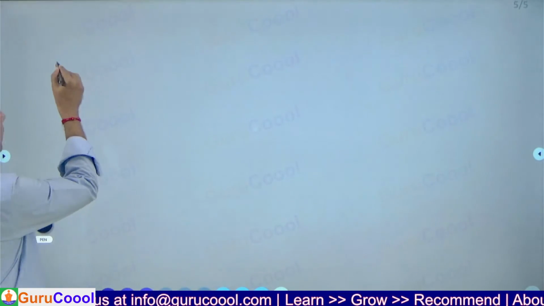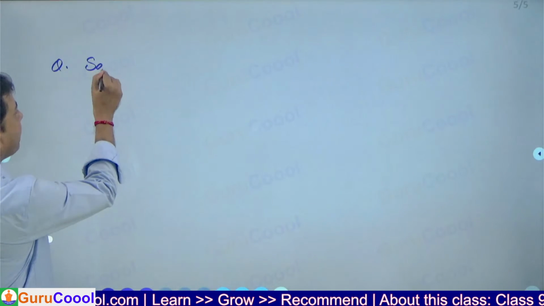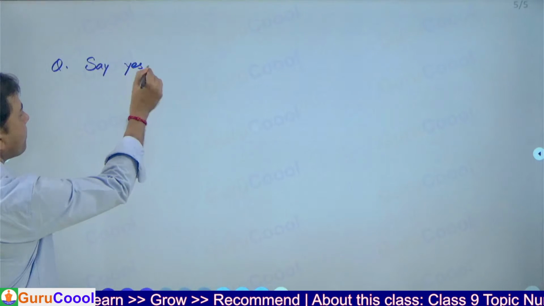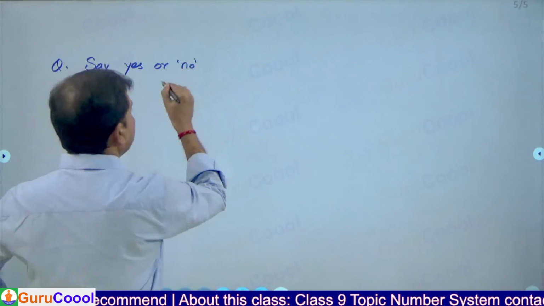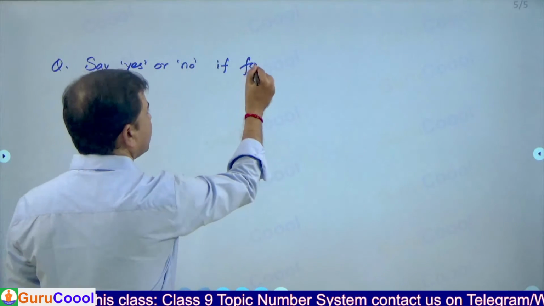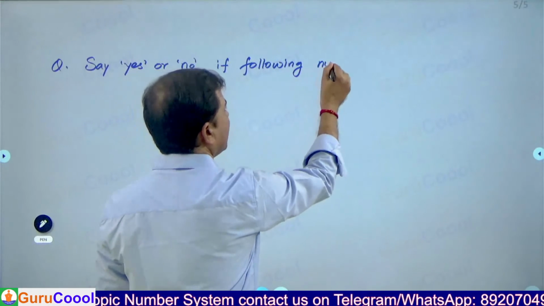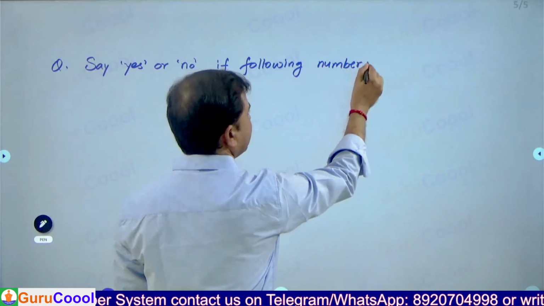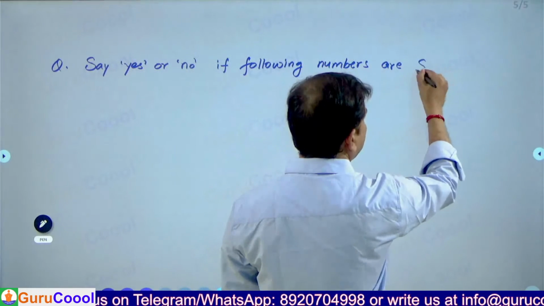So, say yes or no if the following numbers are square numbers.